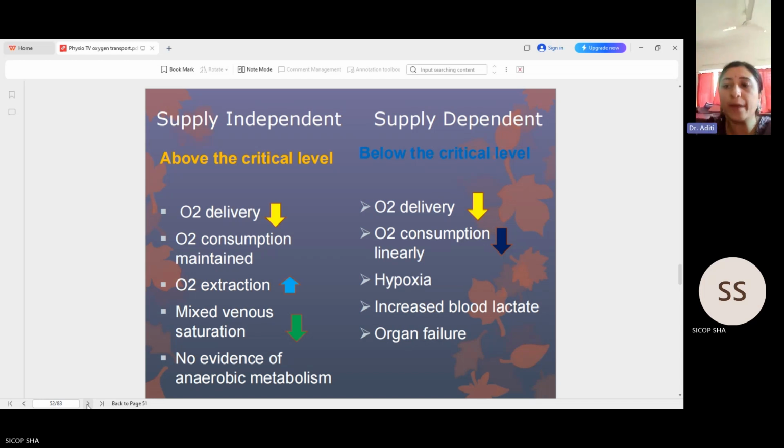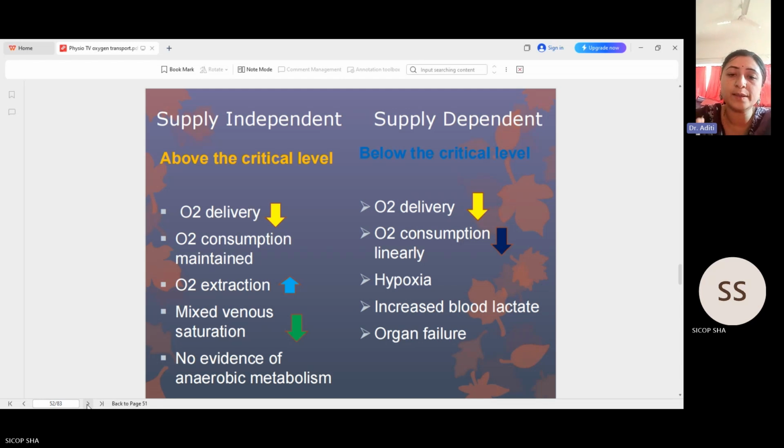As we have just seen, supply independent is above the critical level and supply dependent is below the critical level. In the supply independent state, the oxygen delivery will decrease, but the oxygen consumption is still maintained. That is why it is independent. Oxygen extraction will increase and the mixed venous saturation will decrease, but there is no evidence of anaerobic metabolism.